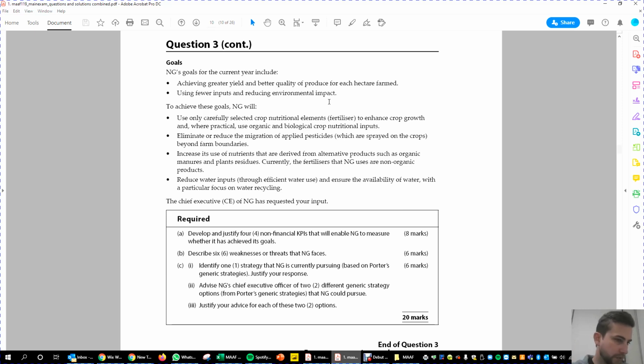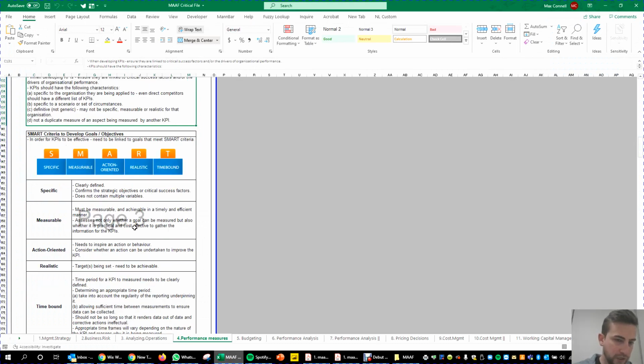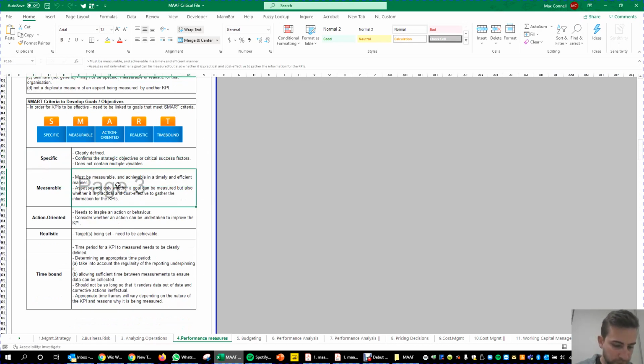Okay, so let's go back to our SMART, make sure that we've ticked off all of these. So specific: we haven't used something very generic. Our response is quite specific. It's measurable: a percentage is a measurable figure, so we can always measure a percentage.